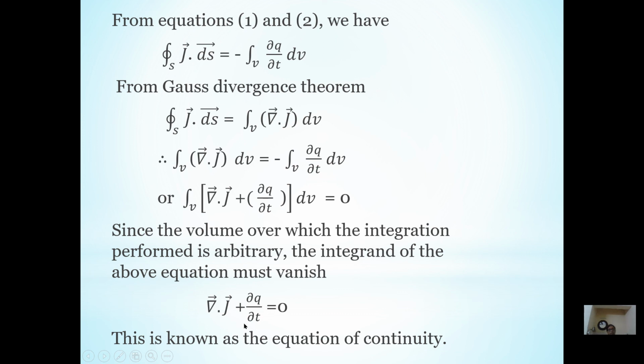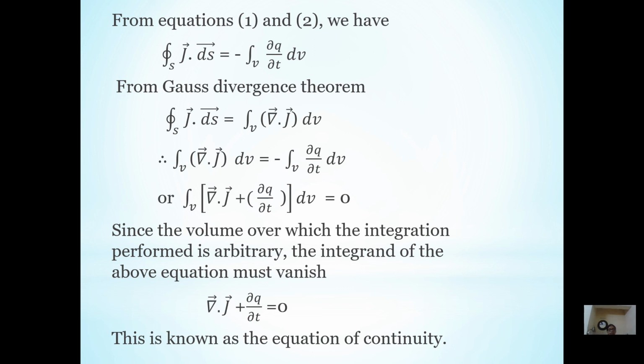You know what divergence means: in the case of a fluid, divergence is the flux of the vector field moving away from the point. Here, divergence of J, the divergence of current density, means the charges are moving away from that point.